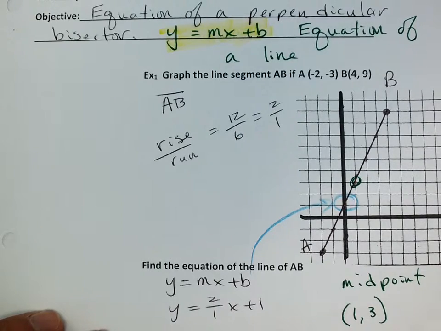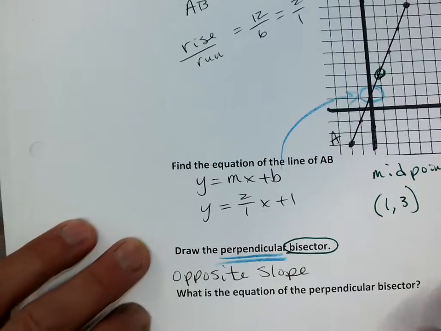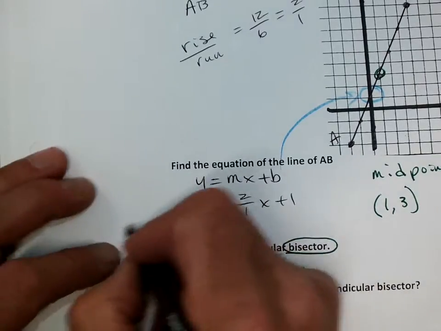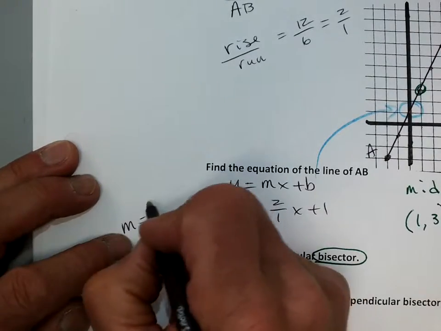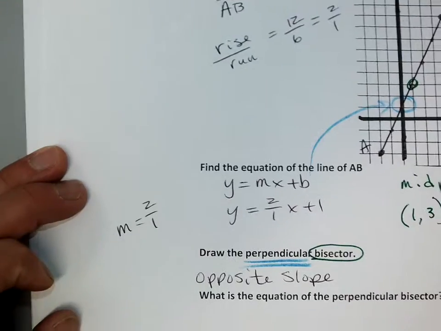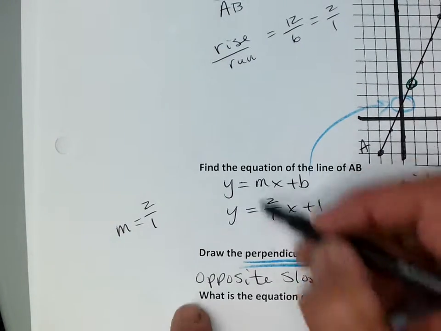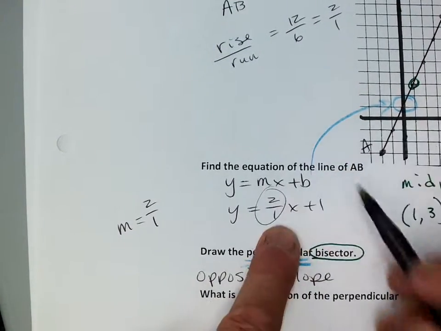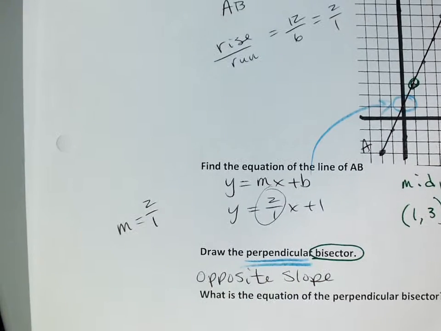So the slope of AB is up 2/1. We know that because it's right there. Slope of AB is 2 over 1. So if we need the opposite slope, it's going to be negative 1 over 2.